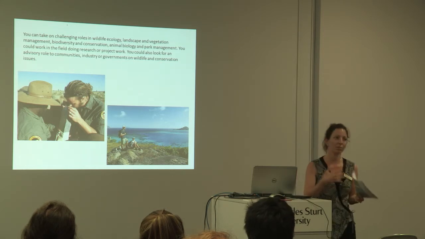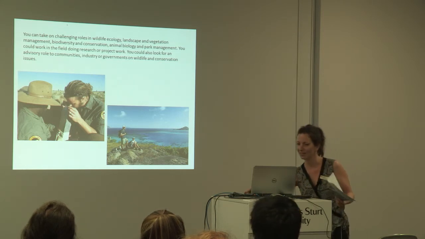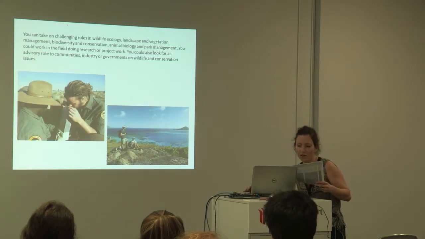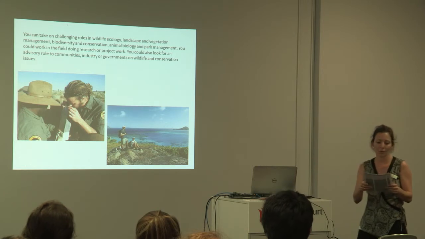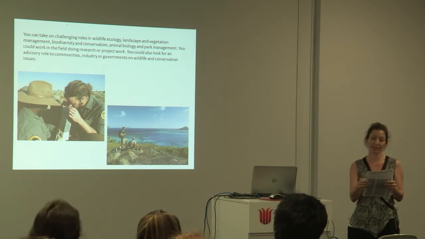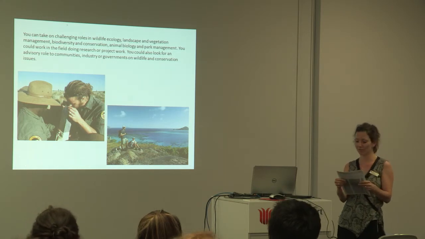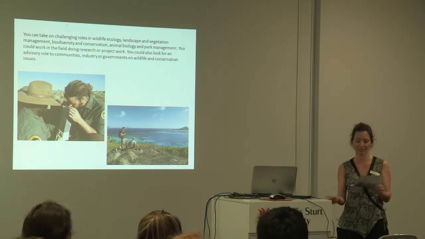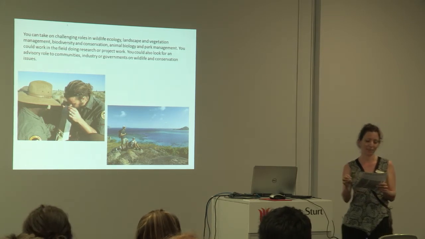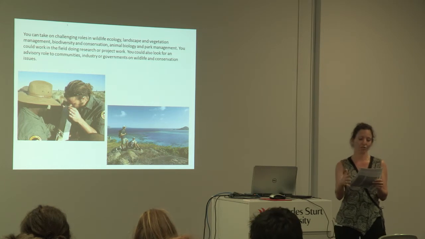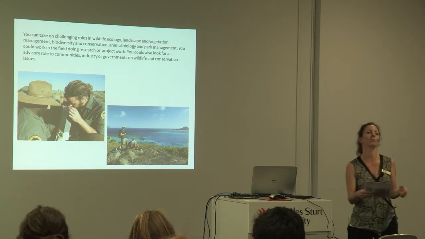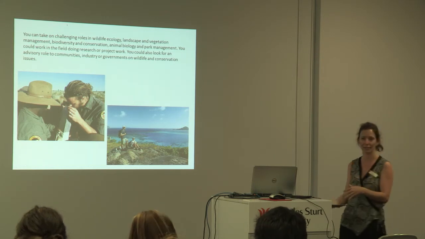So I'm sorry I'm reading, but I'm not a biologist. A complementary minor would be stats or spatial science, but I would add to that chemistry would be a good complementary minor, and not because I'm biased as a chemist, but we actually have a research project here at CSU where we have biologists and chemists contributing together, and the research project would not exist without the biologist or the chemist.